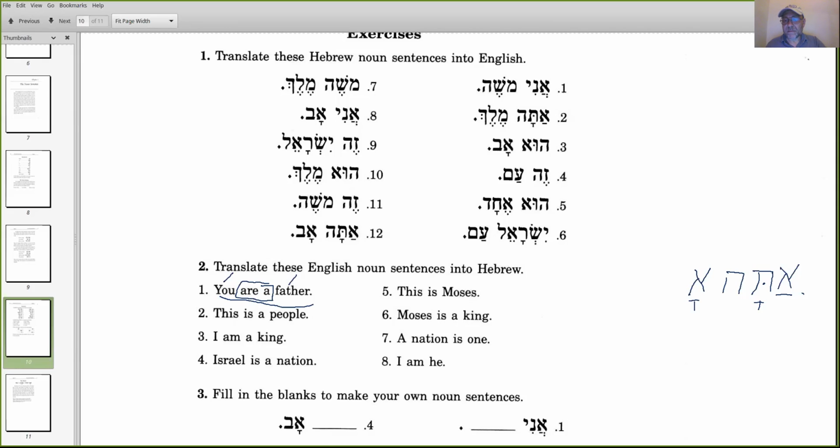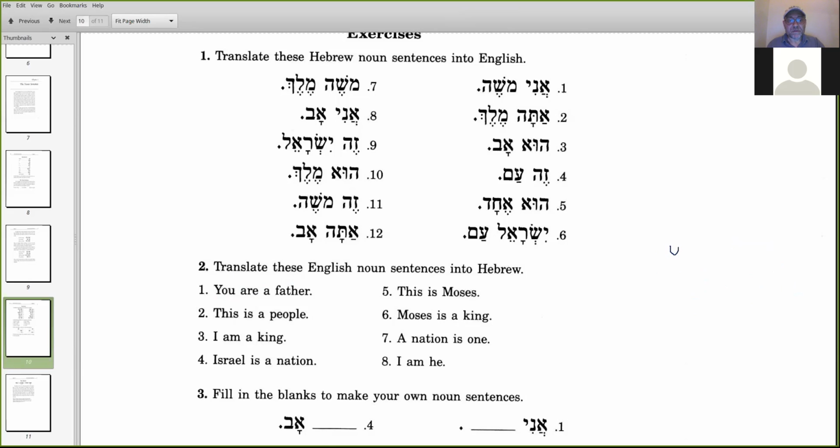Okay, kametz and vet. Atah, av. All right, so that would be the answer to number 1, section 2.